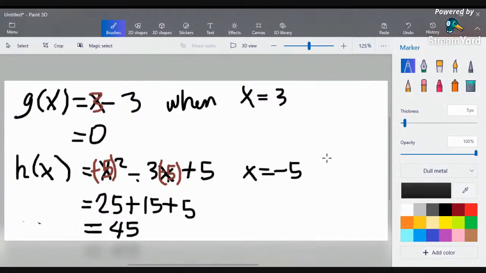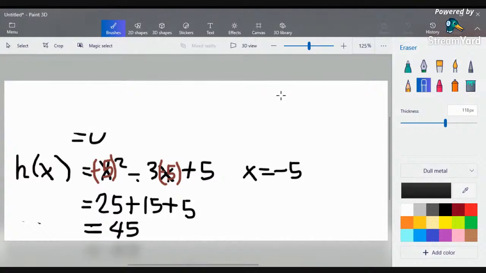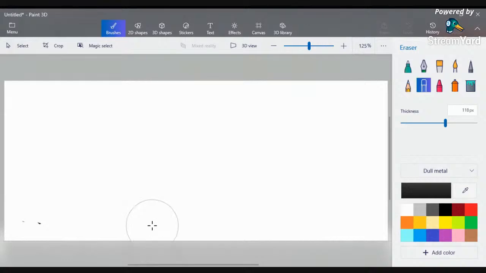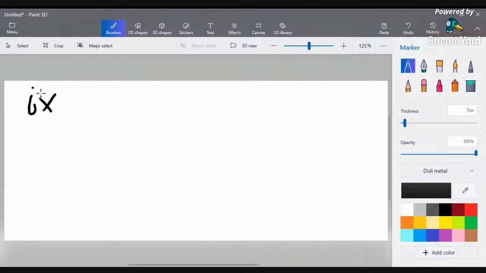Okay, so let's continue with number 3. Number 3 is i of x is equal to x squared minus 1 all over x minus 1.